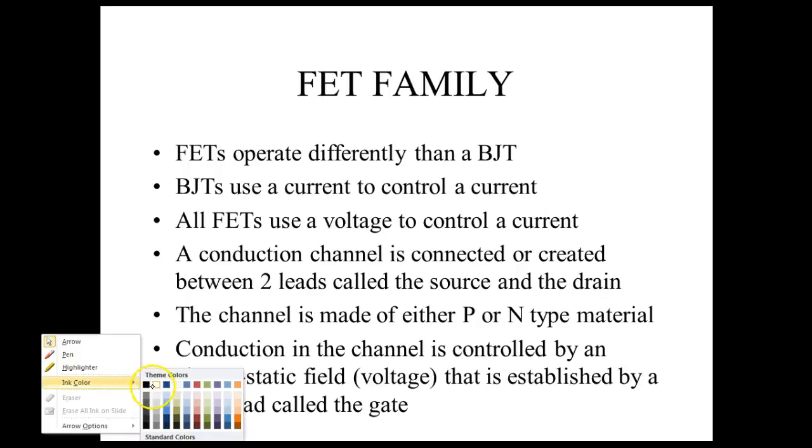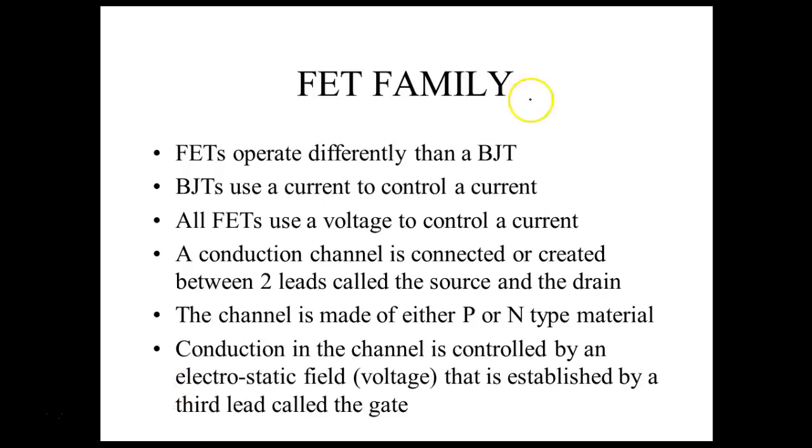Of course, we know that the biggest current in the transistor is the emitter current. So the emitter current is actually equal to IC plus IB. But we know that IB is very small, so these guys here are practically equal, but they are not equal. Okay. So the BJT is using the base current to control a collector current or an emitter current.